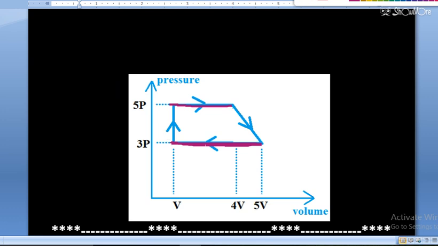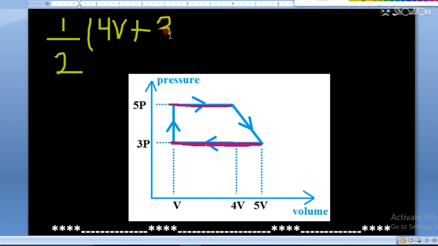So work done is equal to half the sum of the two parallel sides. If I sum the two parallel sides, this is 5b minus b, so it is 4b, plus this is 4b minus b, so it is 3b.